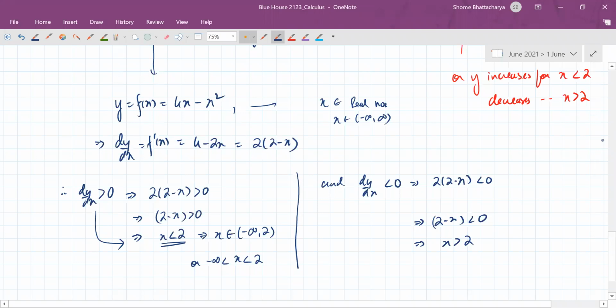Okay, but sometimes you can have a function which is not defined that way. You could have a function, for example, which is, let's say, square root of x square minus 1. Now here y is not defined for all values of x. Y is only defined when x square is greater than equal to 1.